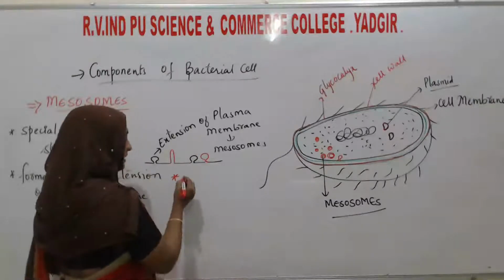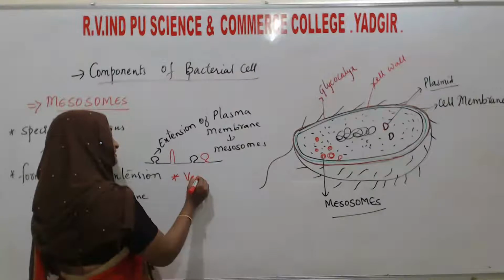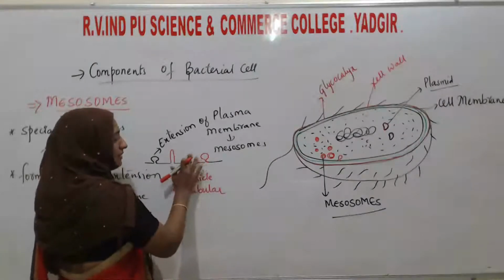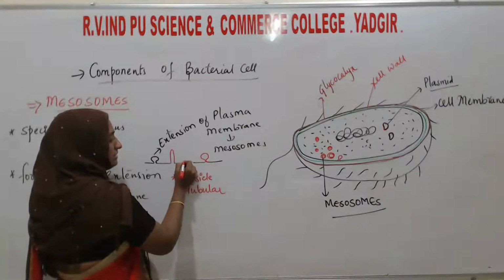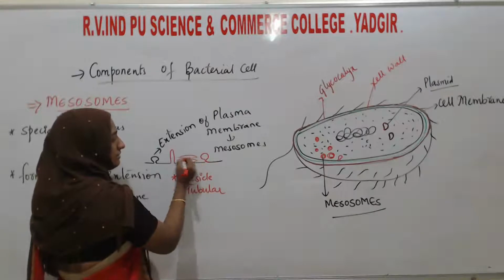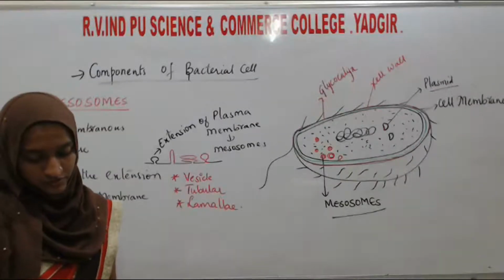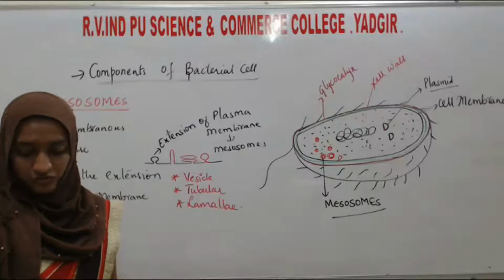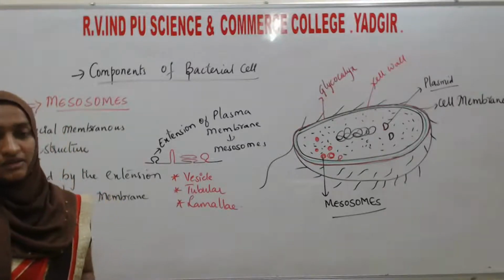Either it may be in vesicles, tubules or lamellae. Lamellae means the extension will be somewhat like this. For what reason are these mesosomes present in the prokaryotic cell?